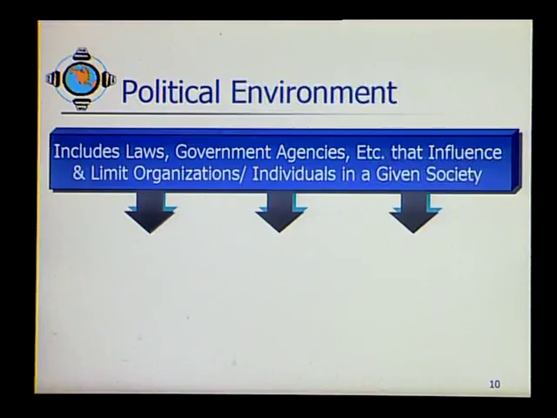We can see there is a frequent change in product attributes, and changes in product quality due to the development of technology. You can see the political factor includes the laws, government agencies, and pressure groups that influence and limit various organizations and individuals in a given society.